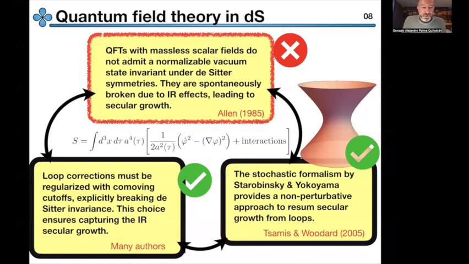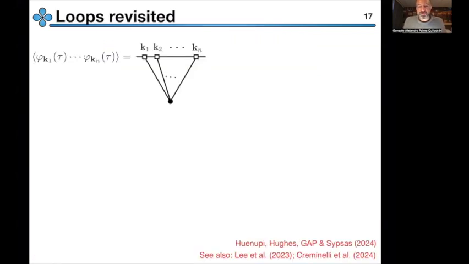So let me now scrutinize the next statement, which is about loops and the use of comoving cutoffs. So let's briefly examine what happens with diagrams contributing one vertex. So here you have the tree-level contribution, but you already know that there will be one-loop contributions.